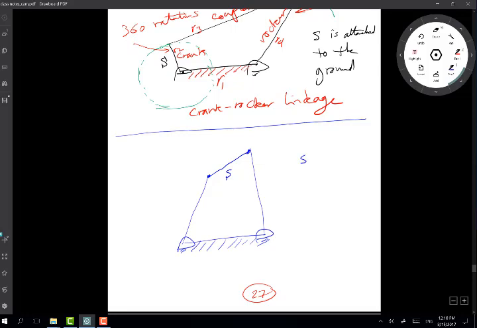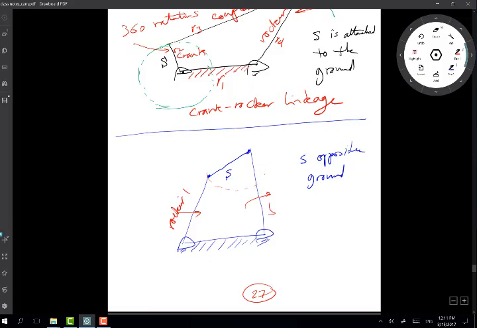Here, S is opposite ground. So what will happen? The promise was that this S is going to do 360, right? So in fact, you'll find that S will still do 360 as the links move. Those other links will both rock. So I have two rockers. So rocker 1, right?